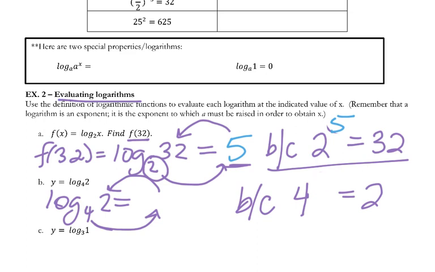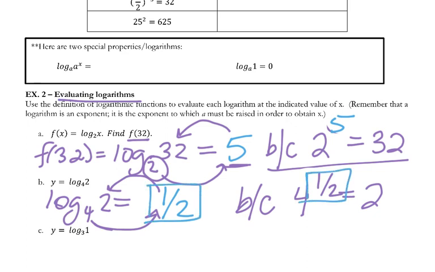Well, if a number is getting smaller, it means that we are using a negative exponent or a fractional exponent, one of the two. Here, the square root of 4 would equal 2. So we want to ask ourselves what exponent is equivalent to a square root? It's 1/2. So log base 4 of 2 equals 1/2.